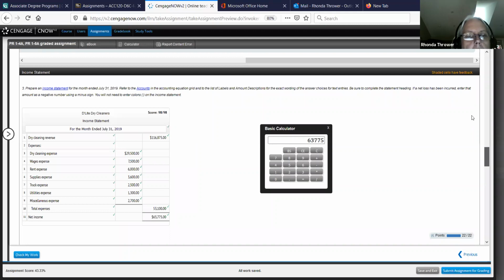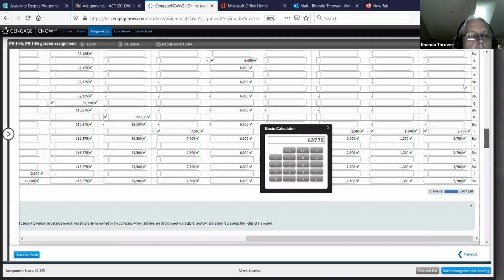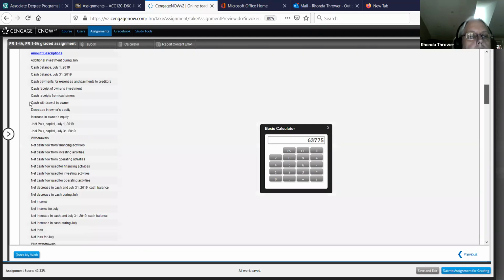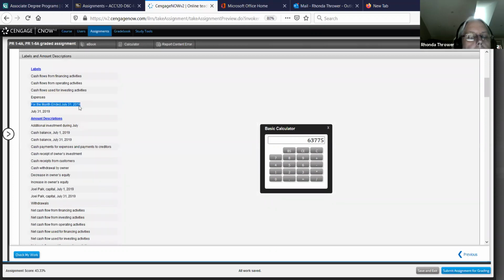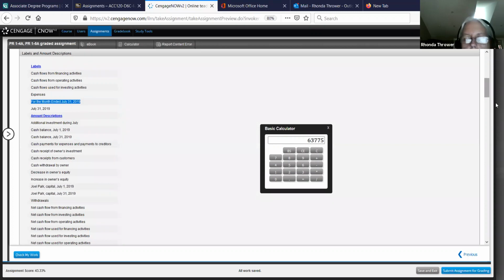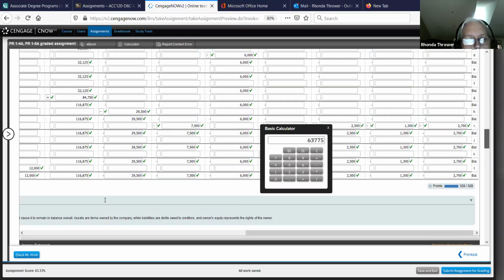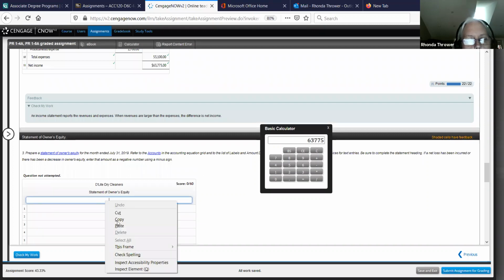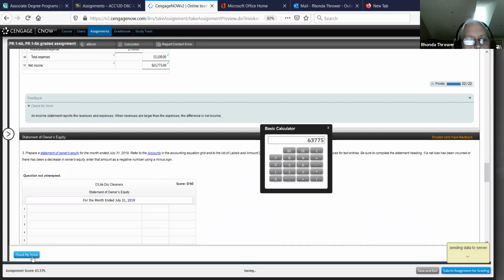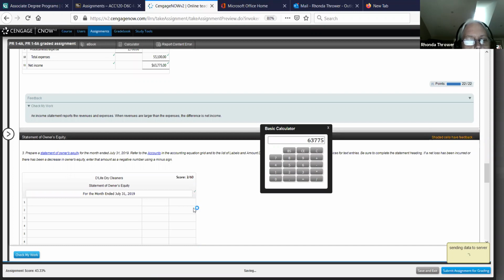You can type it in, or you can look for your label here. And you can use some of the labels twice. And then check your work. Just make sure you got your right label in there. You can see it's okay. It's got a little green check there.